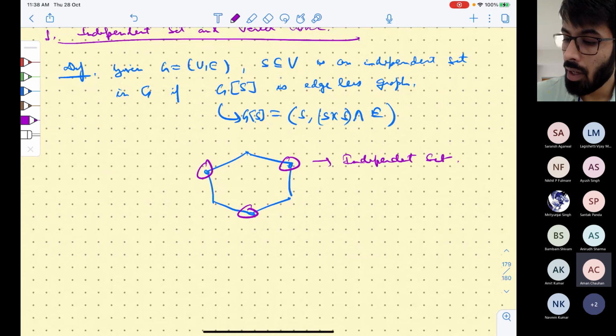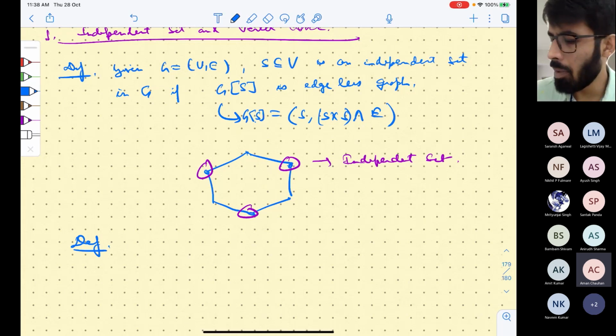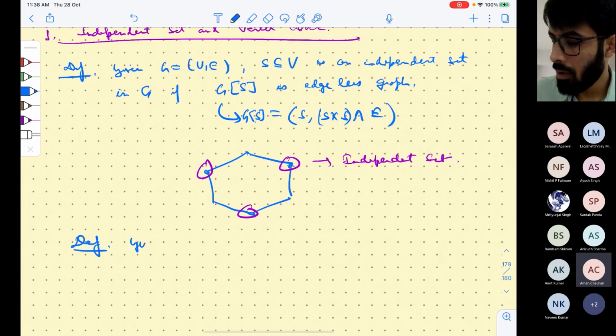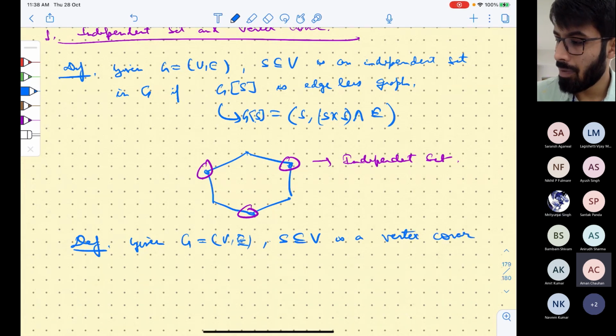Good. Now let's look at what a vertex cover is. I think, have I defined it? Maybe not. Have you seen vertex cover defined earlier in the course somewhere? Otherwise, we have not.